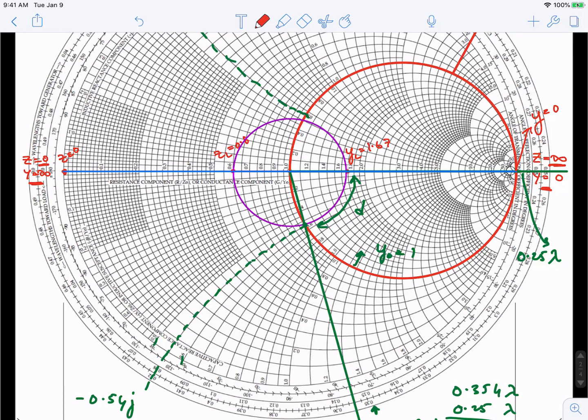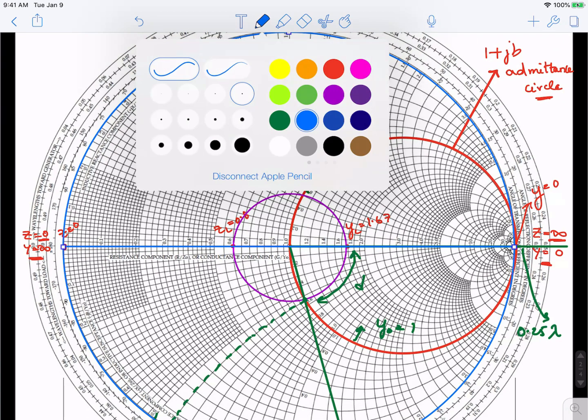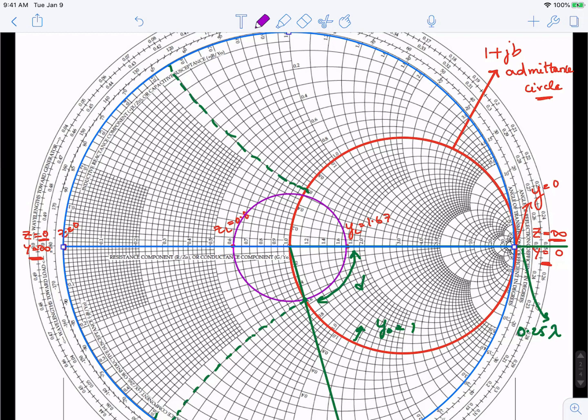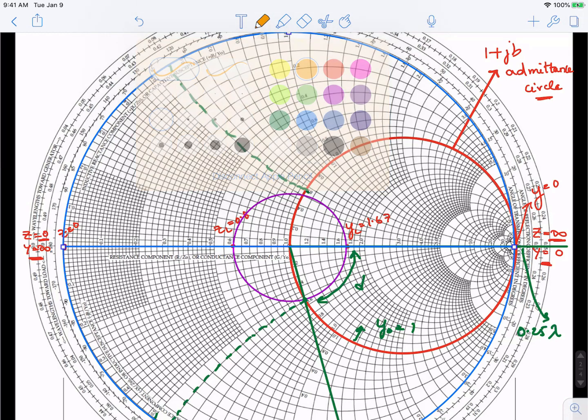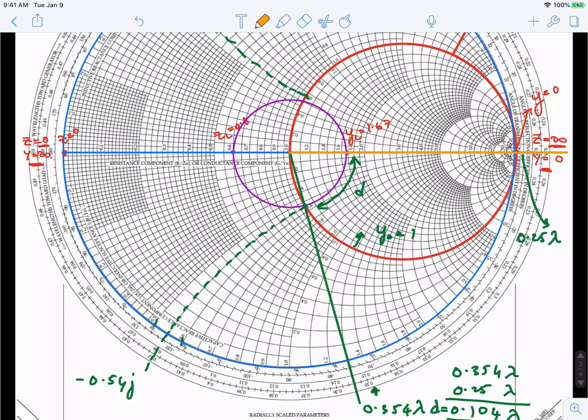Now what do we do here? We are going to find out what length has to be added to this short. Again, as earlier, we will draw a circle. So we have drawn the circle. Now we have a load which is a short, and we are going to add a length L to that.